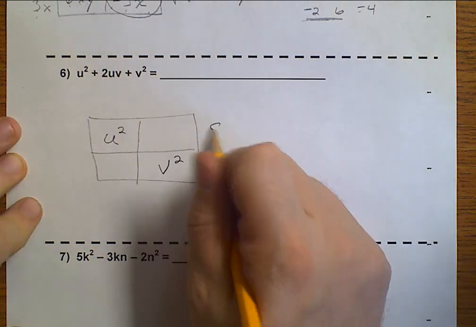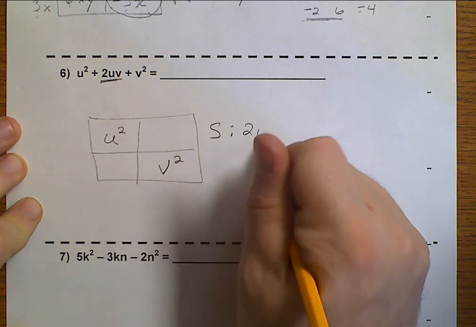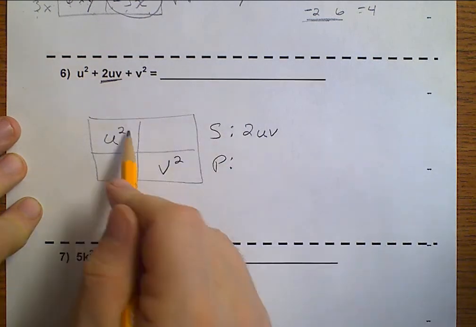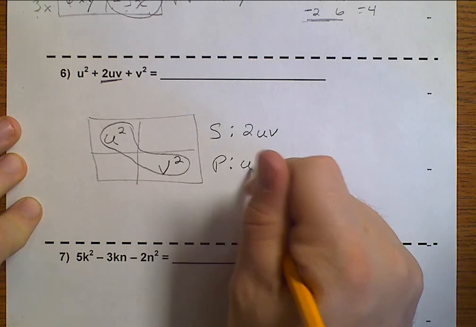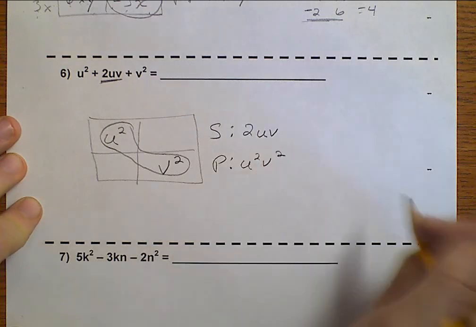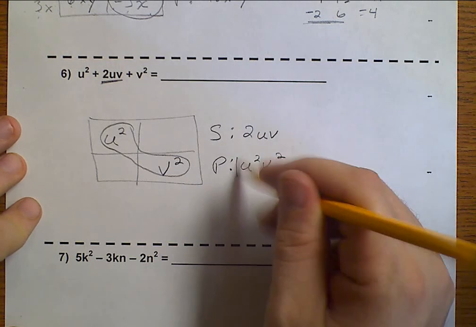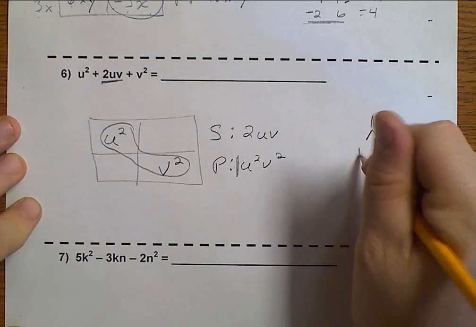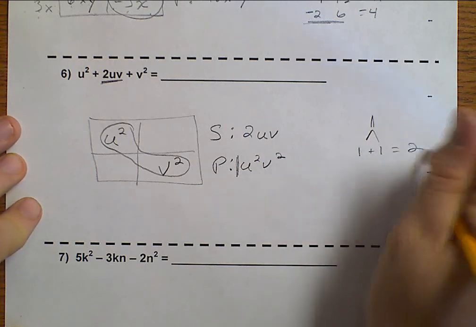Well, our sum needs to be 2uv, and our product, u squared times v squared, would be u squared v squared. Since there's no number in front of it, that is 1. Well, how do we multiply to get 1? Well, the only way is 1 plus 1. And 1 plus 1 equals 2.